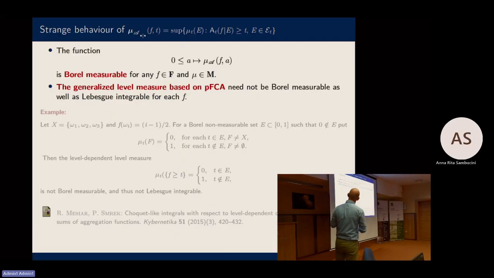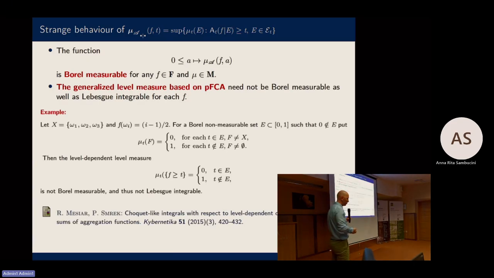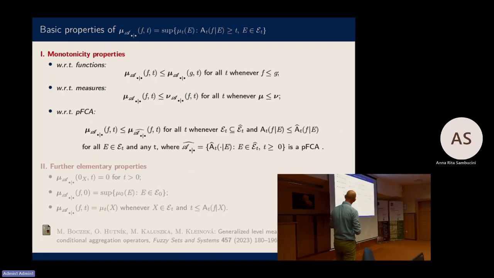So if we want to know something about integration with respect to such a strange thing, we should be very careful. This example is from this paper: even in the case of a finite set, we are not in a position to guarantee Borel measurability of the level-dependent level measure.